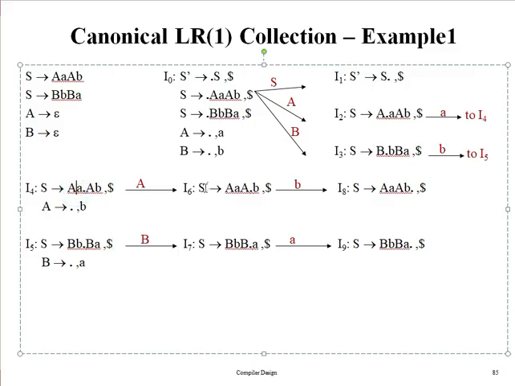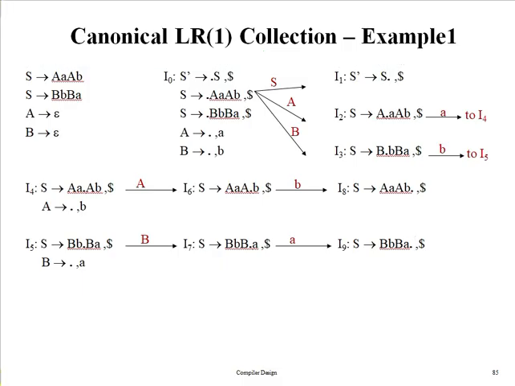From I4 we can generate I6, and the dollar sign is the same. I7 is generated from I5, the dollar sign the same. I8 is generated from I6, and I9 is generated from I7. From I8 no need, because this is a final item. From I9 no. So we have in total 10 items generated from this grammar.